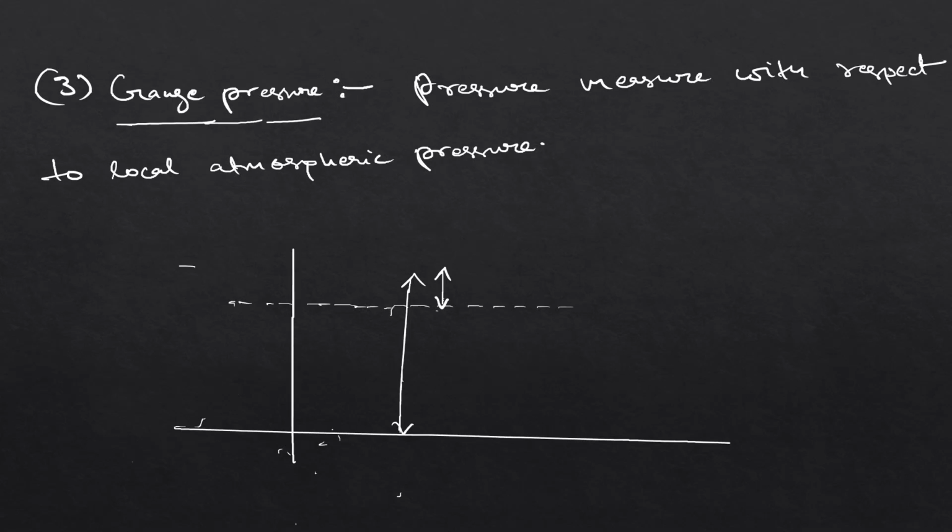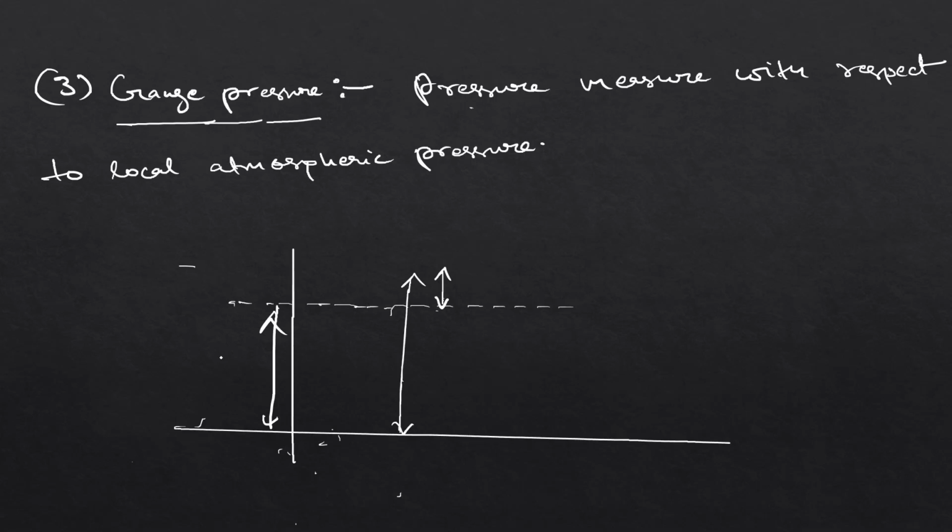Moving to the next pressure, gauge pressure: pressure measured with respect to local atmospheric pressure. Okay, I will explain this in the graph also. This much is atmospheric pressure, P atm.